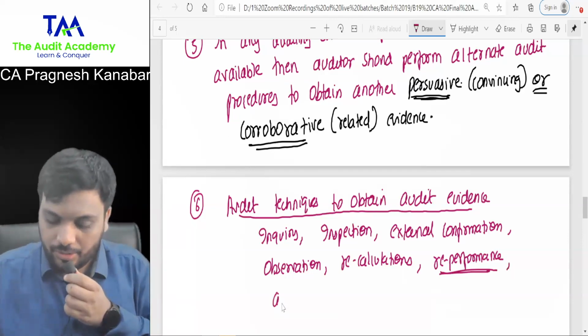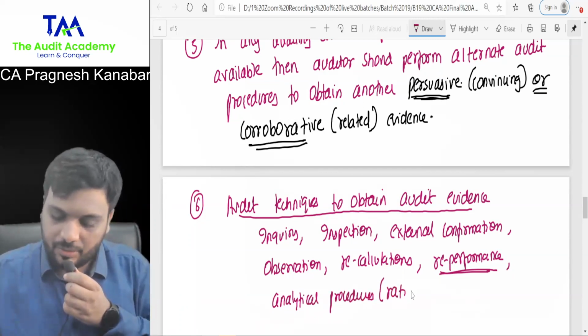And you also do analytical procedures. What are analytical procedures? Ratios, comparisons, trend analysis.